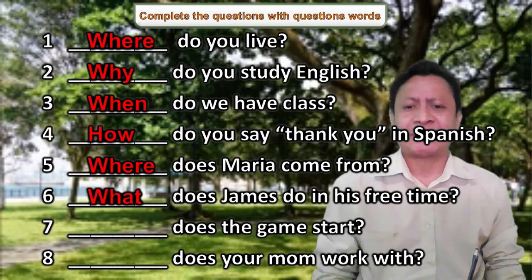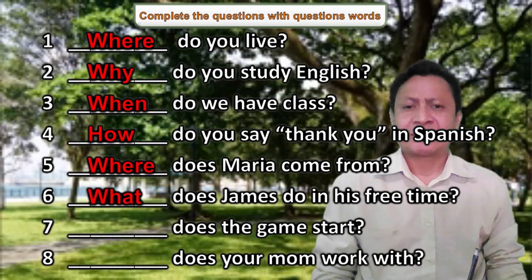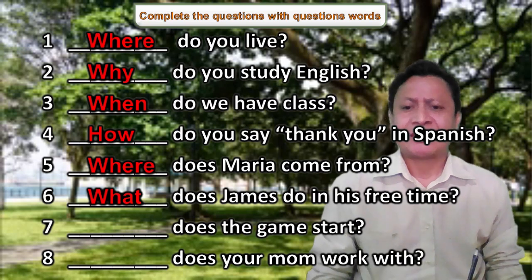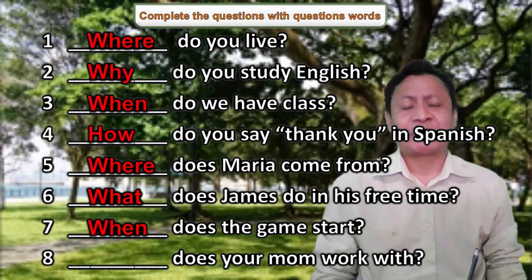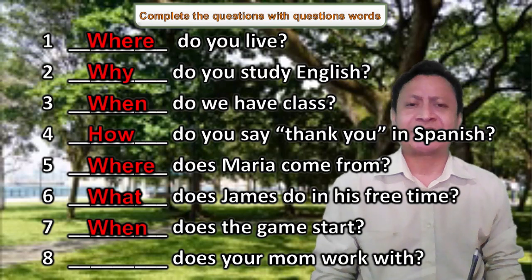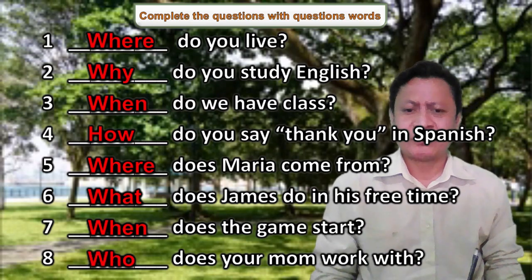So we use what. Number 7. Does the game start? It's asking for time. When does the game start? Very good. And number 8. Does your mom work with? Because we have with, we know that it's asking for a person. So it's who. Who does your mom work with?